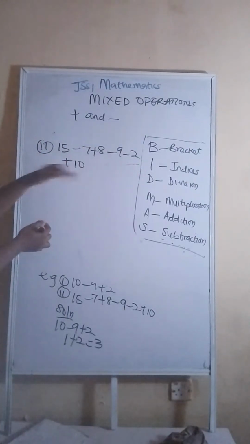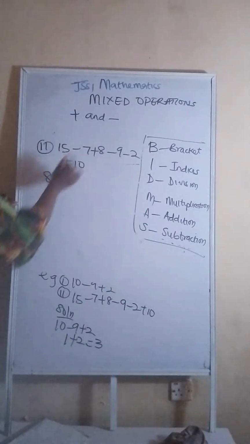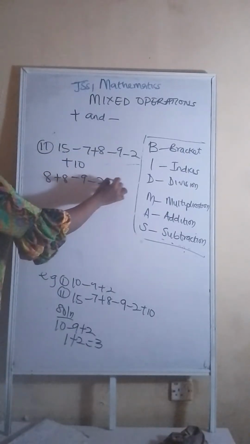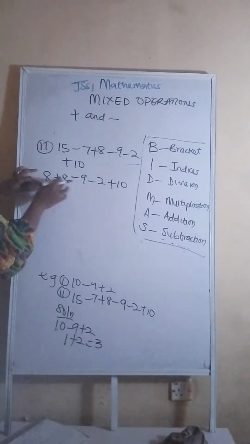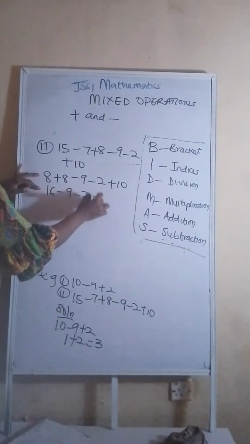So let's start from the left to the right. 15 minus 7 is what? 8. Good. Then plus 8. So 8 plus 8 is what? 16. Minus 9 minus 2 plus 10.